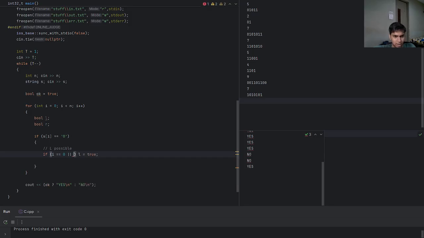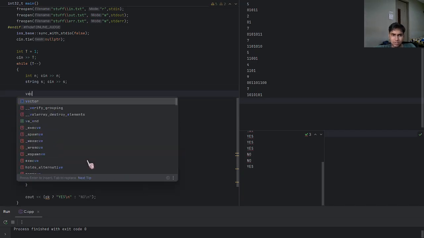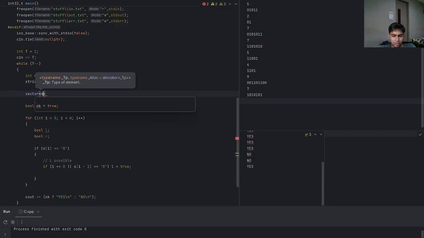or if s minus 1 is also a zero. Should we make another array for it? I think we can make another array for it. Okay, let's make the vector string.